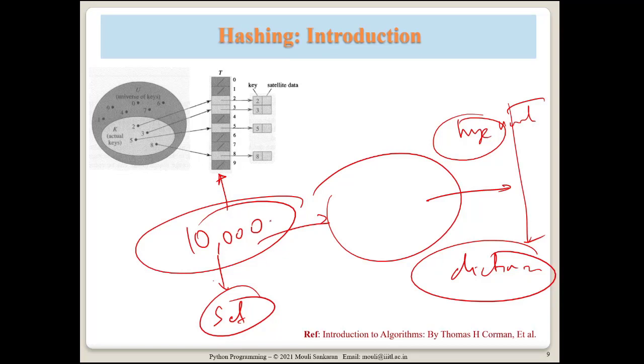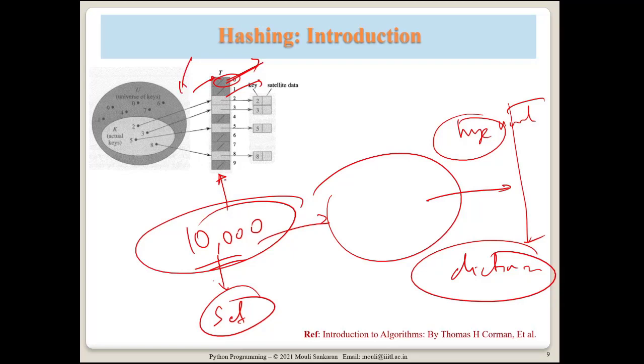So if you use an indexed way of addressing, you need to have an array for, say, 10,000 elements you expect this dictionary to have. They may be null, maybe some of them do not have an element right now, but you need to have an entry made for it, because you don't know when an element falling at this particular index might get added to the dictionary or set.